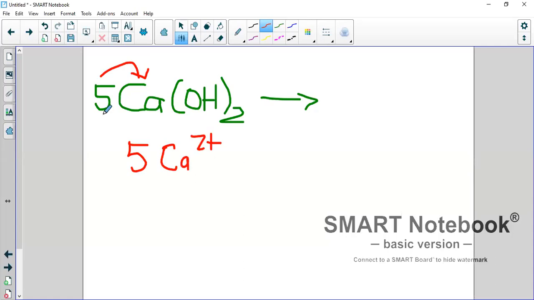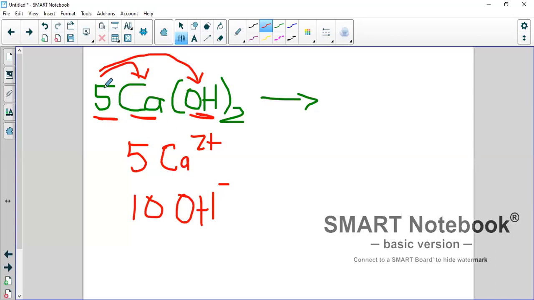Because that 5 is like a coefficient in mathematics. So this 5 is going to multiply this as well. It's 5 times OH, times 2, because here I've got 2. So basically I've got 10 OH minus. This 5 is affecting the Ca, and it's making the OHs also times 5.